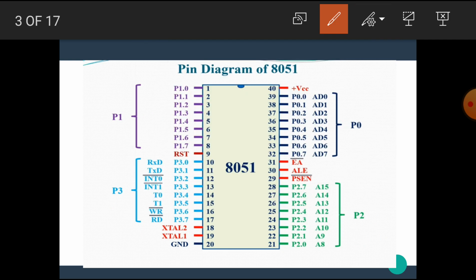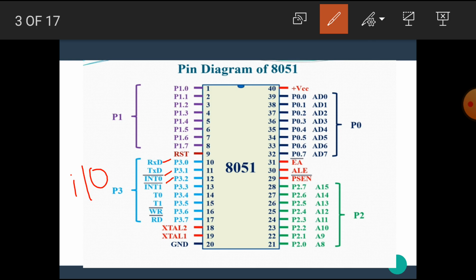The port P3 can be used as input or output port. The pins of port P3 are multifunctional pins. That means the P3.0 pin is RxD pin, which is used to receive data. P3.1 pin is TxD pin, which is used to transmit data.